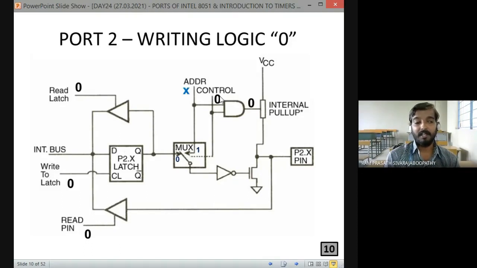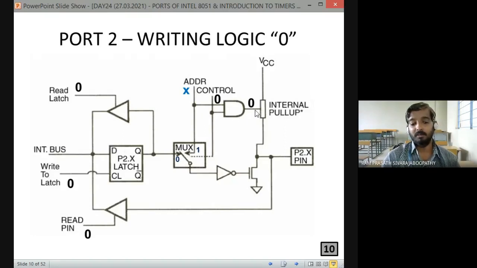So the output of the AND gate is 0. So the internal pull-up is going to work. We have a different thing here. There we used a field effect transistor, correct? So with 0 input it turns off, with 1 input it turns on. That's it. Here we have an internal FET pull-up circuit. It is somehow different.